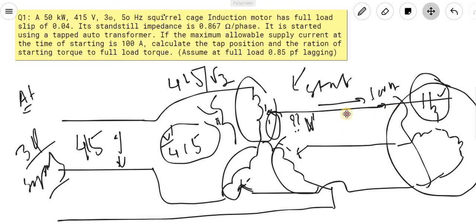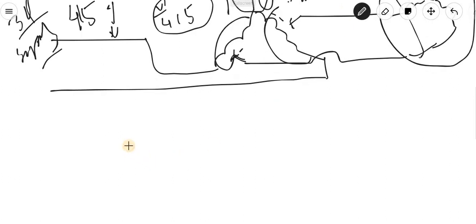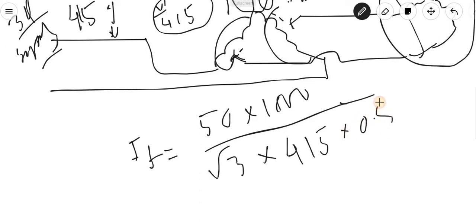Full load current will be 150 kilowatt divided by root 3 times the voltage 415 and the power factor 0.85.